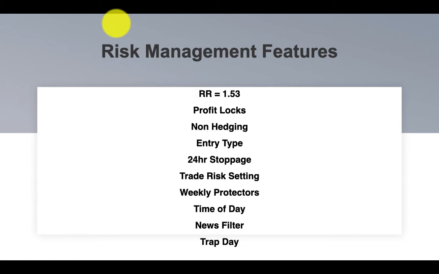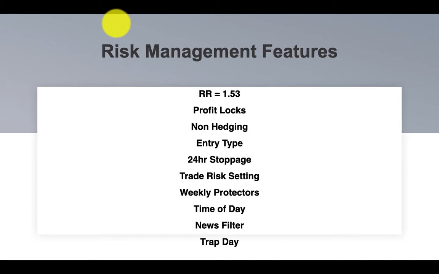Profit locks is number 2. So there are 2 profit locks. And again, these profit locks have been optimized to ensure you have great results in the long run, because if you put your stop loss in profit too soon, you can get stopped out too soon. So we've optimized this using a computer algorithm that goes back and tries out millions of different combinations.